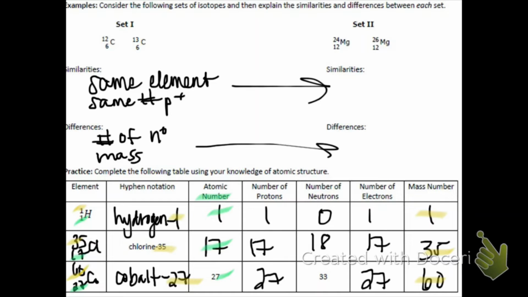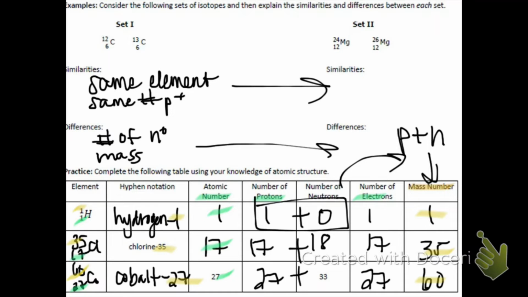Atomic number is equal to the number of protons, which is also equal to the number of electrons. Again, that mass number was after the hyphen there, and mass number is going to be protons plus neutrons. So protons plus neutrons will equal that mass number there.